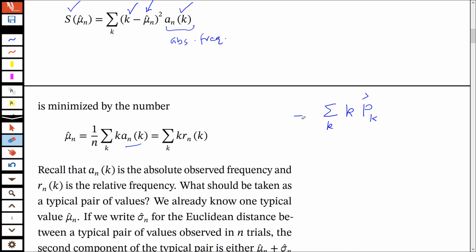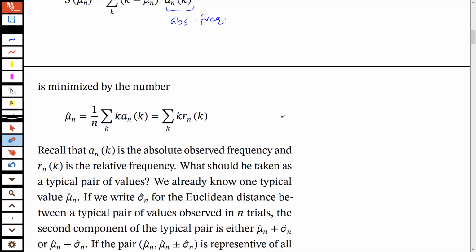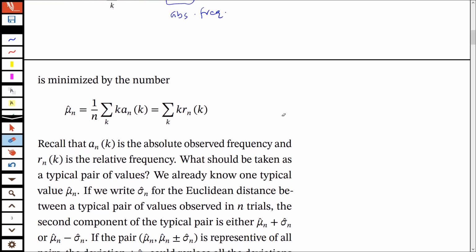This is how we introduced the mean as a typical value or as a representative value of observations in a long run sequence of Bernoulli trials. Actually, you don't need Bernoulli trials, you just need independent trials.